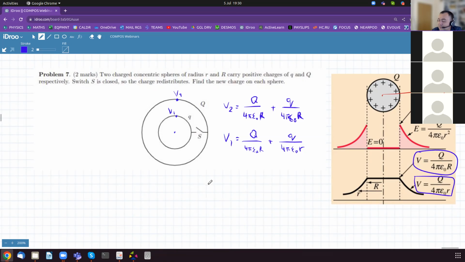Now, can somebody compare V1 and V2? You need to compare them. Mathematically, this is not a physics question. V2 is bigger than V1. Why, Josh?